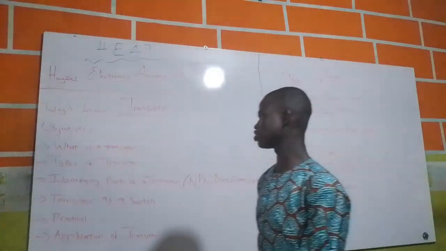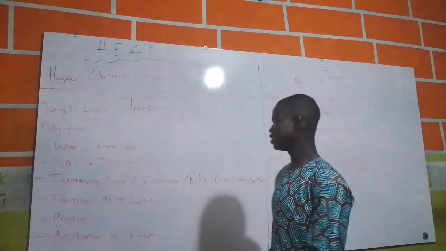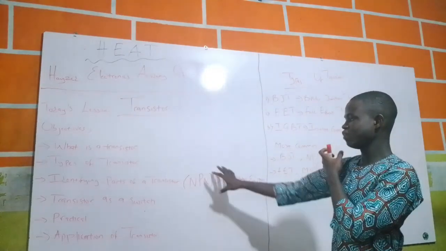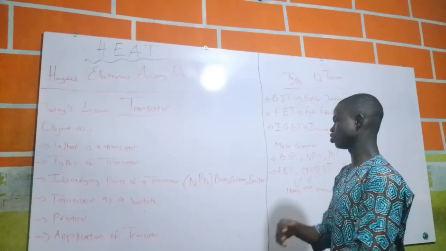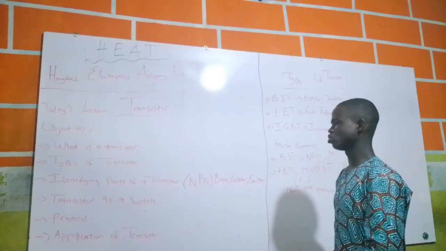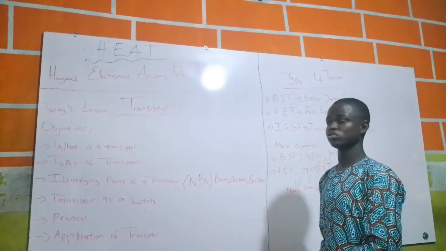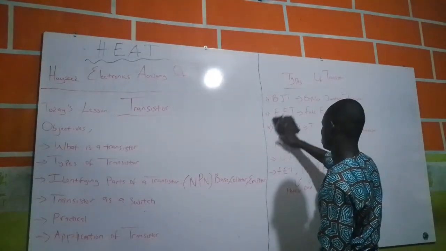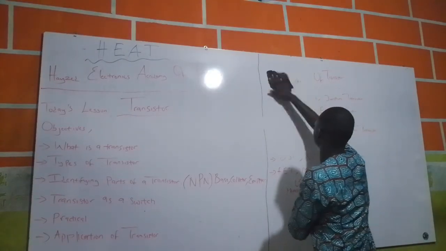The next thing we're going to discuss is identifying the parts of the transistor, and examples of different NPN transistors: what the NPN transistor is, why we need it, and how to burn it without using the right values. When I say how to burn it, we're going to discuss it though.